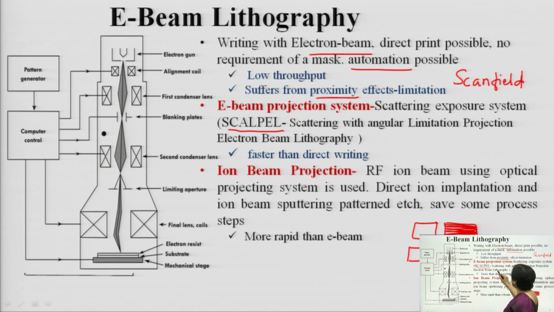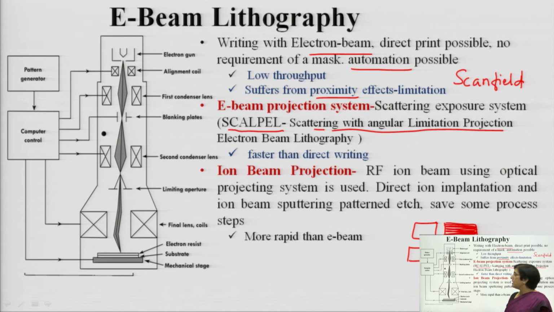This SCALPEL is nothing but scattering with angular limitation projection electron beam lithography. So, you are maintaining a limited angular projection, and you are writing effectively and precisely with the help of the electron beam onto the wafer.